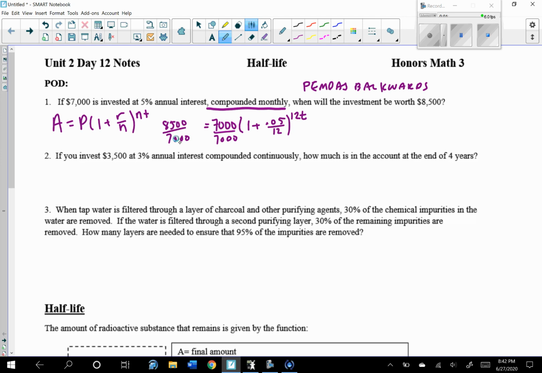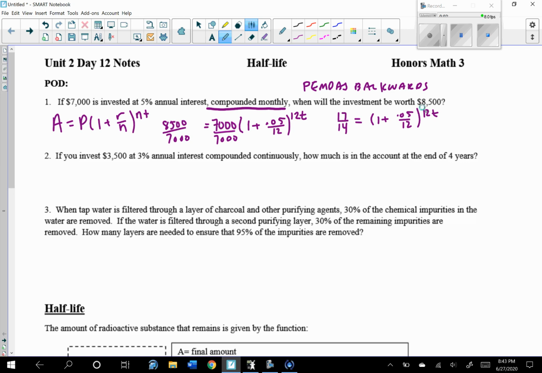And so when I do that, 8,500 divided by 7,000 gives us this fraction 17 over 14, because we want to make this as exact as possible, equals 1 plus 0.05 divided by 12, to the 12 times t. And so now I have a base with an exponent. We didn't have any addition or subtraction, we had multiplication or division.